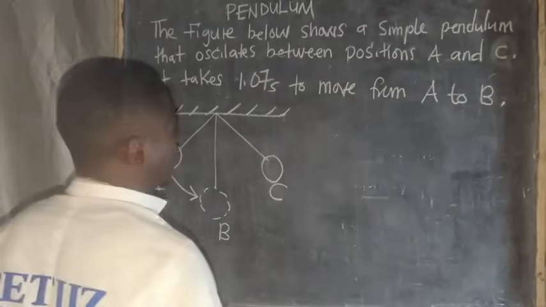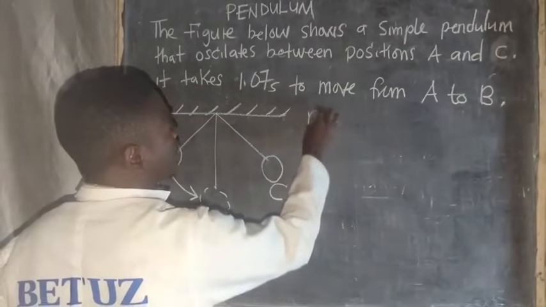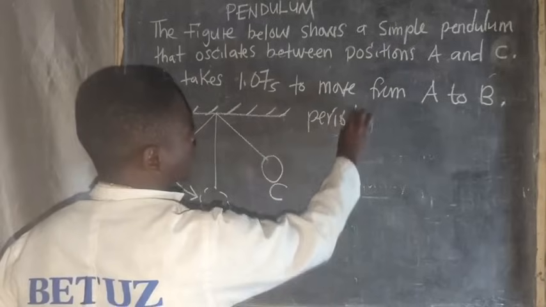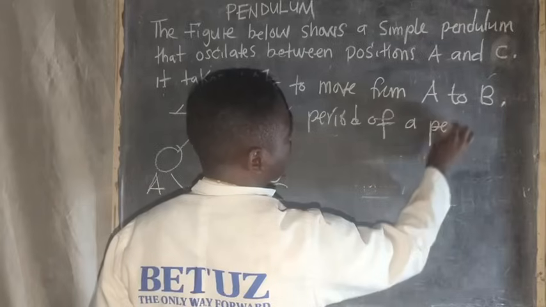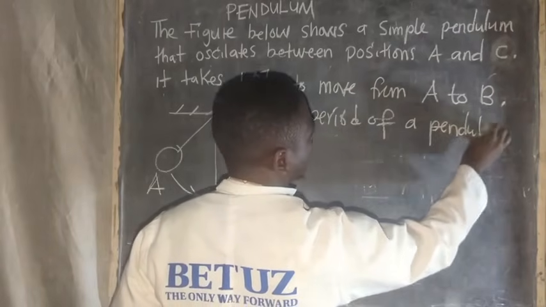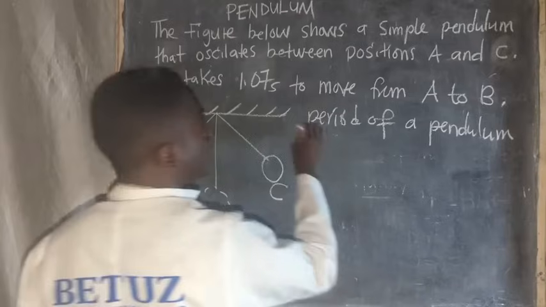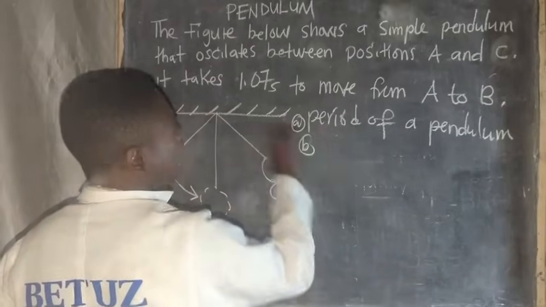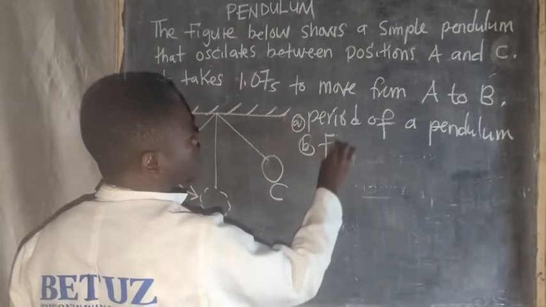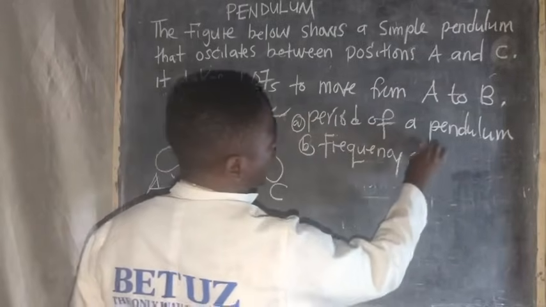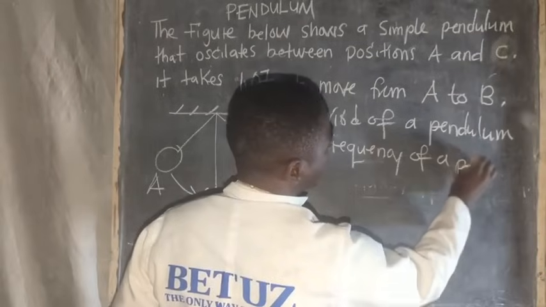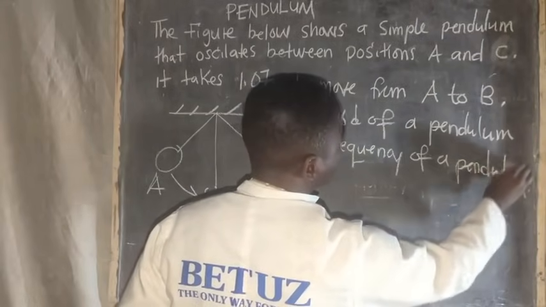Then we want to calculate two things here. A, want to calculate the period of a pendulum. B, want to calculate the frequency of a pendulum. These are two things that we want to calculate.